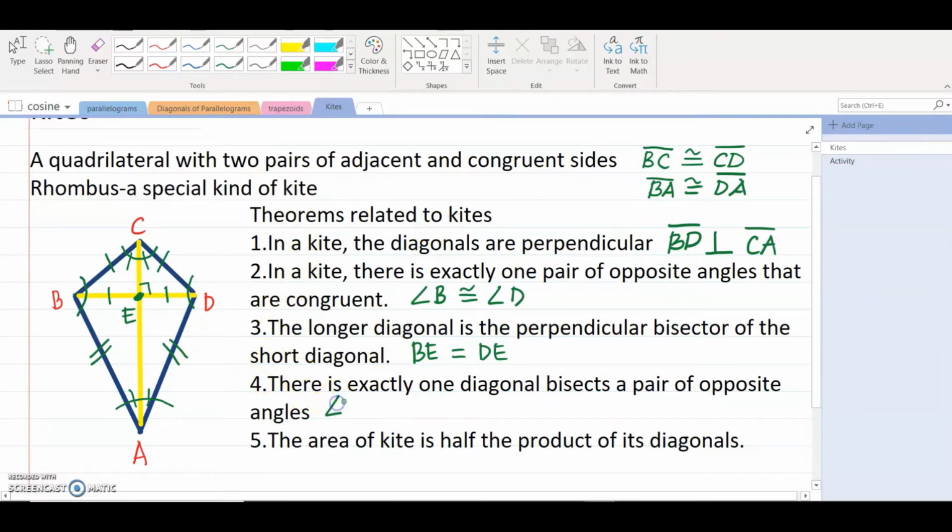For angle A, you have angle BAC congruent to angle DAC because of angle A. And then the other one will be angle BCA congruent to angle DCA.